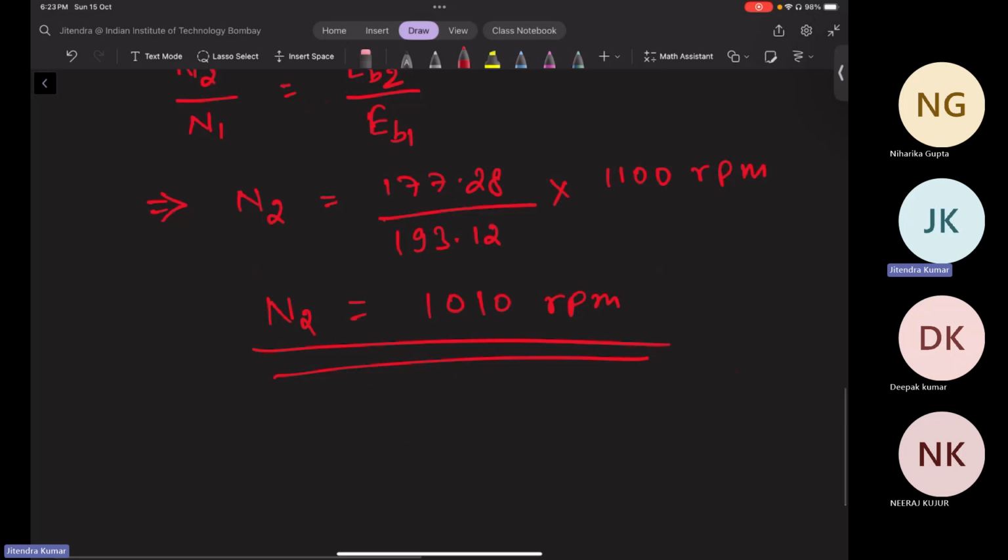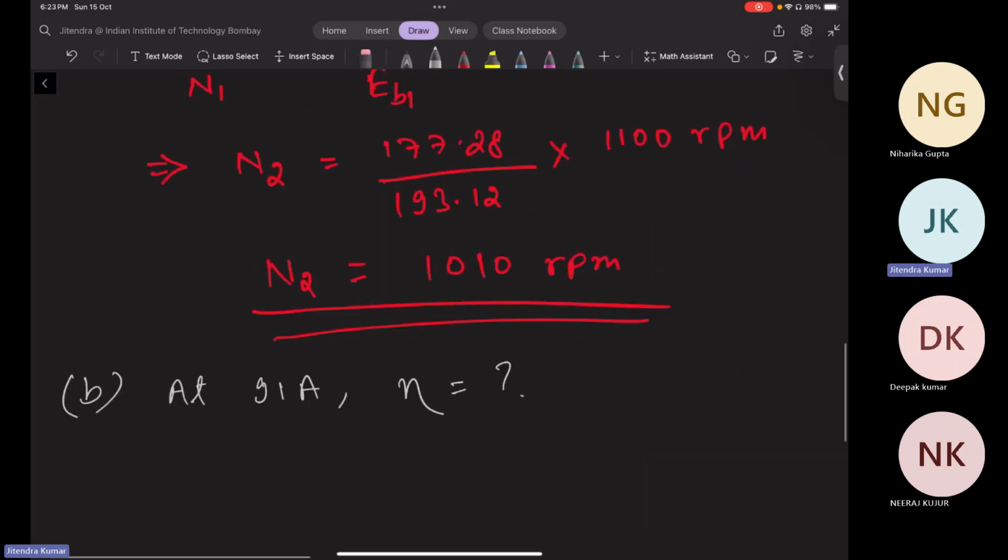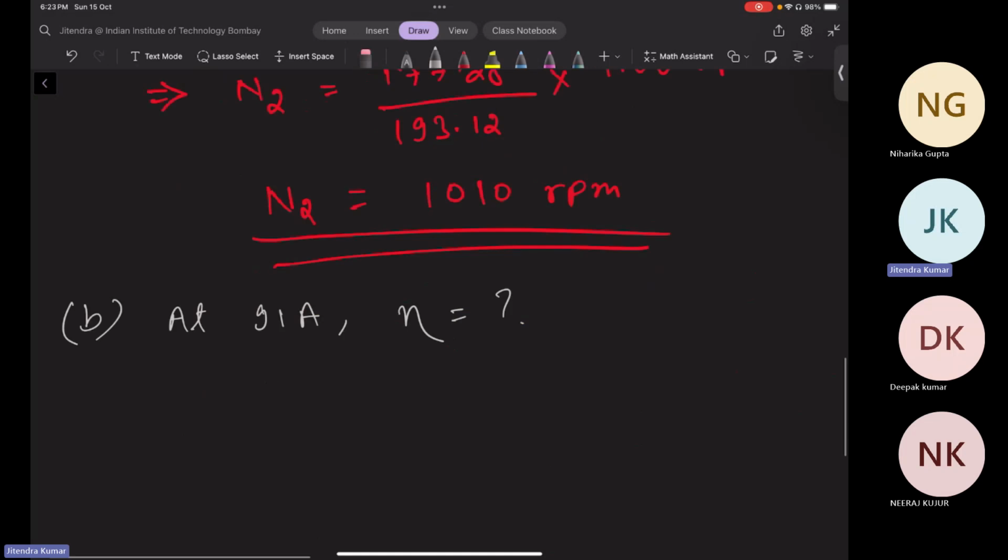So in this problem, now we have to find the efficiency at 91 amps current. So at 91 amps, what will be the efficiency? For calculating the efficiency, one thing is output power divided by P input, right?